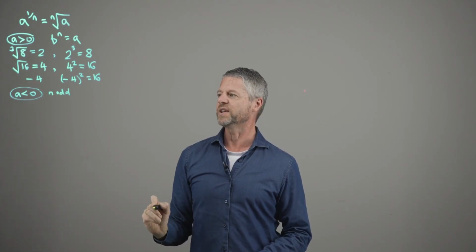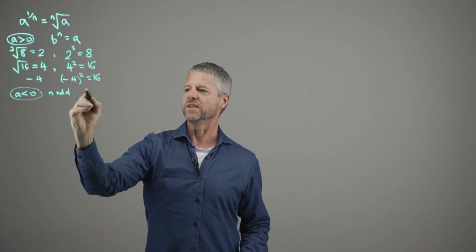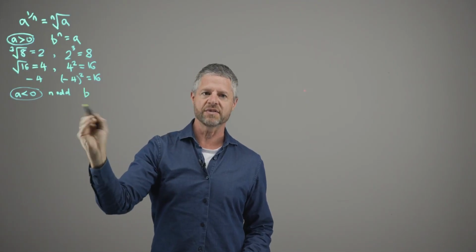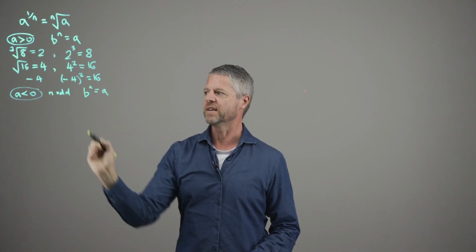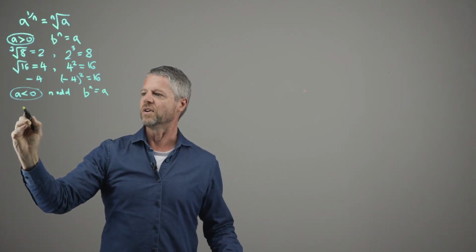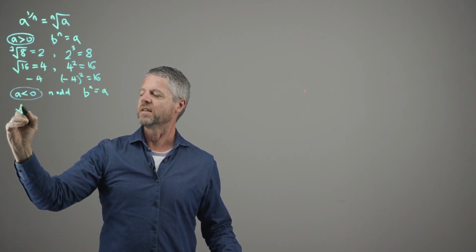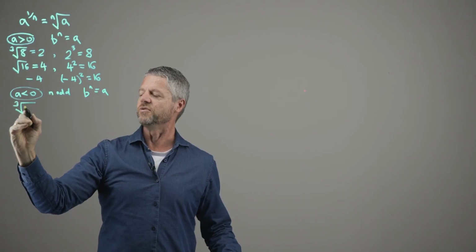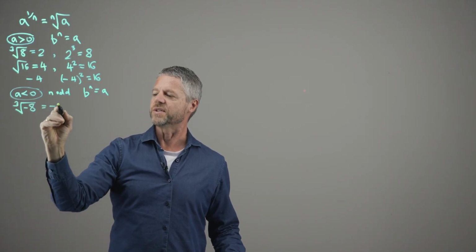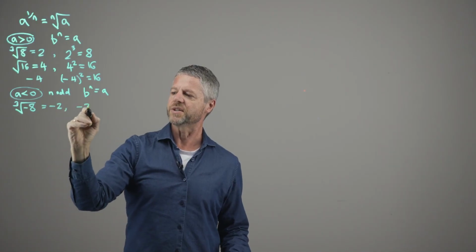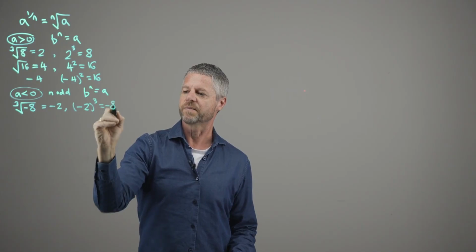We do have a solution, and b is the real number, this time a negative real number, such that b to the n is equal to a. So to give you an example of a being negative, let's take the principal third root of minus 8. So that's minus 2, because minus 2 cubed is minus 8.